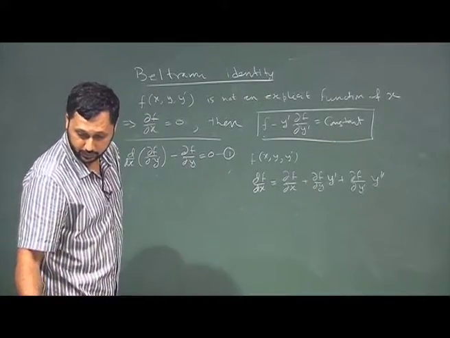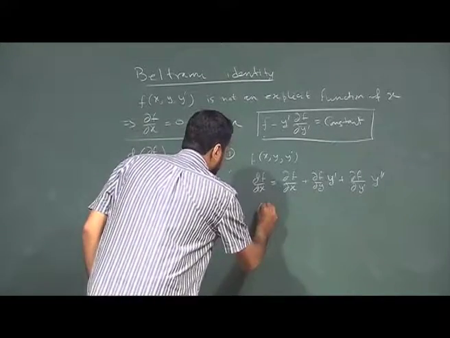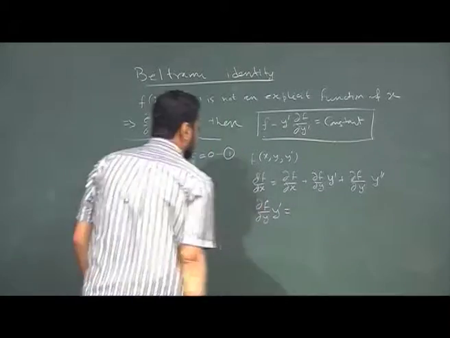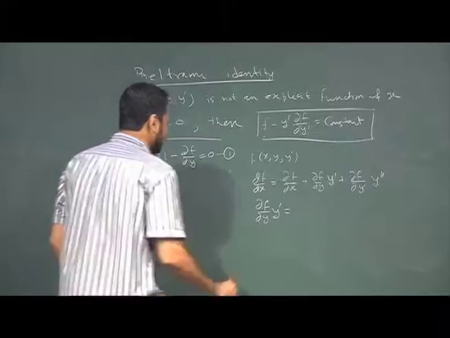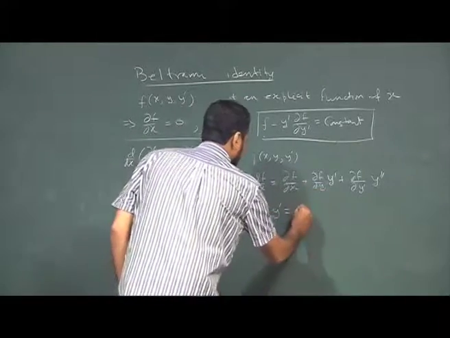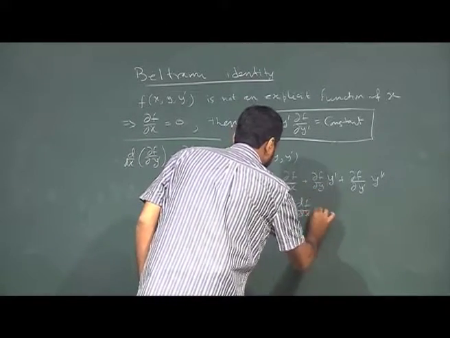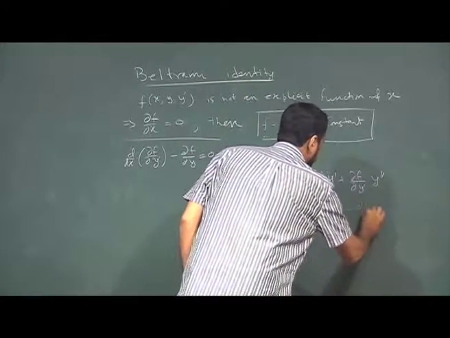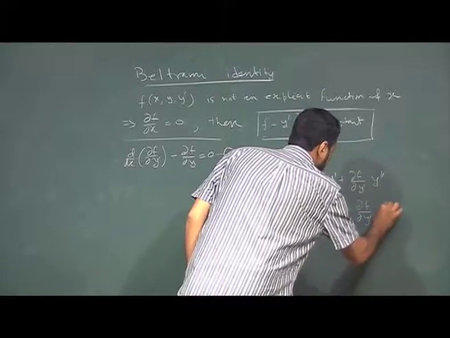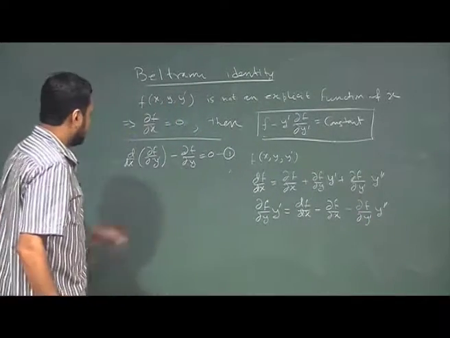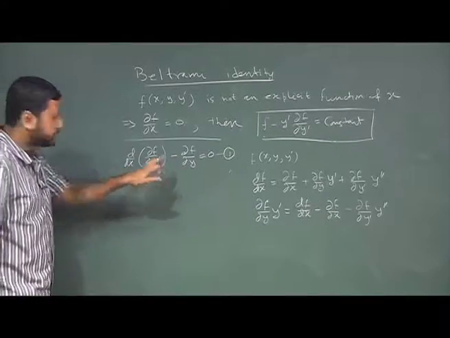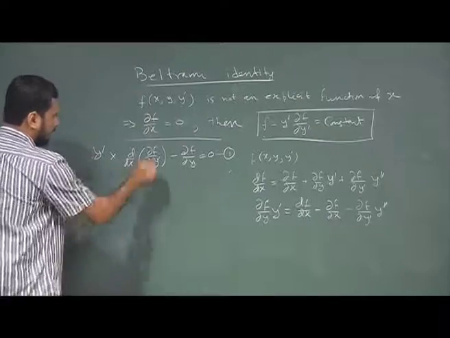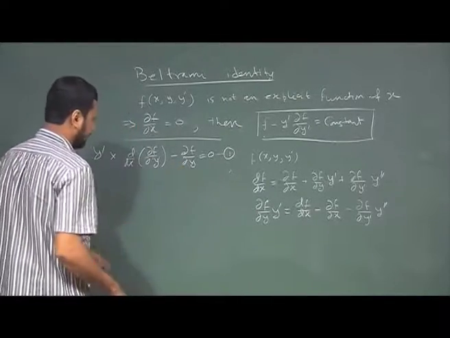Now, what we can do is change sides and write del f del y y prime is equal to df dx minus del f del x minus del f del y prime y double prime. Then we can multiply this with y prime and write it down here.